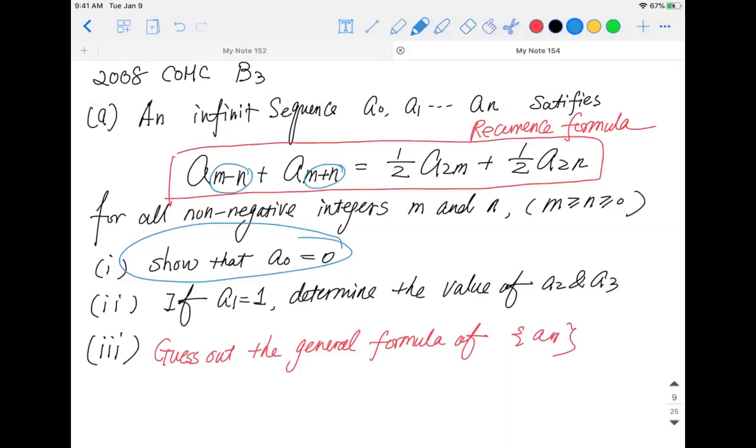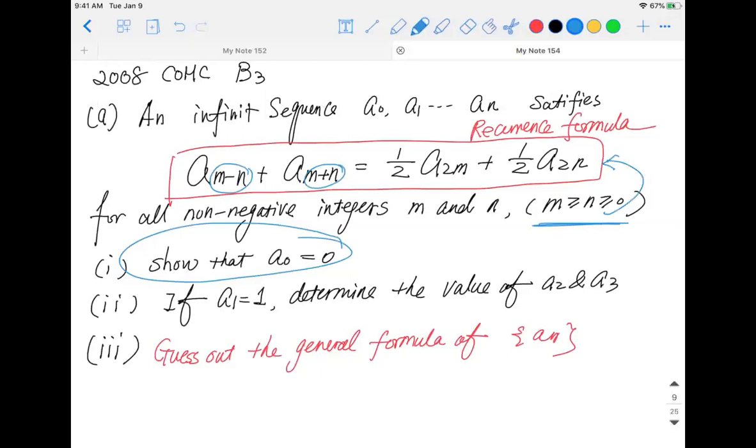As long as m is greater than or equal to n, this recurrence formula will hold, right? So that being said, what are you going to do? You just basically find the appropriate values of m and n such that you can find A0, and your work is done. Is that right? You need to create something.